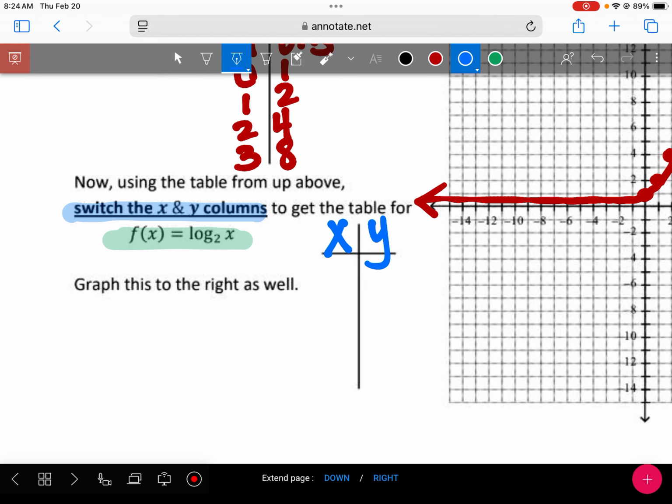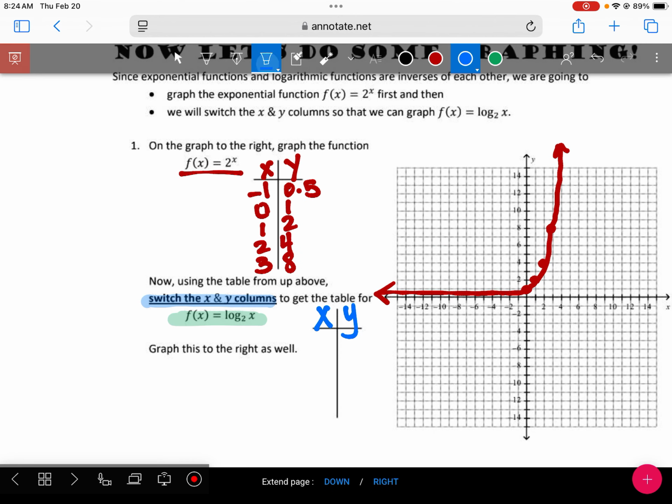So what I'm going to do is I want you to take all of these numbers that you see I have highlighted in yellow. I want you to write those under y. Because when we do our log, x and y, they switch places. So the x values become our y values. So let's go ahead and write those numbers under y.